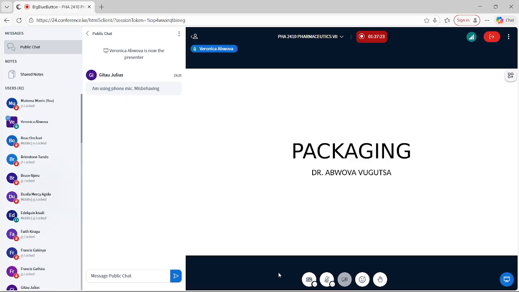You need to ensure that the recommendations of storage or packaging are also maintained by you. Okay, so it's important for you to do that.